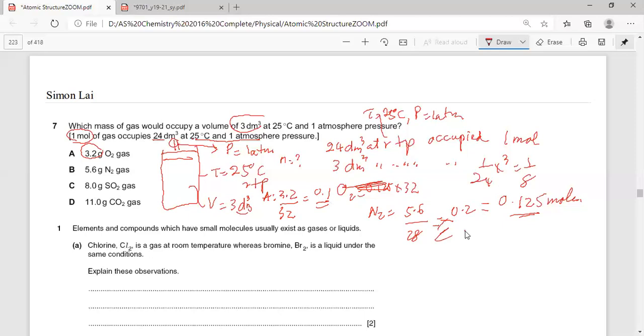Next one, SO2. What's the mass? 8 over the molar mass. Molecular mass for sulfur dioxide is 32 plus 16 times 2, which is 64. So it equals 0.125. So this is the answer.